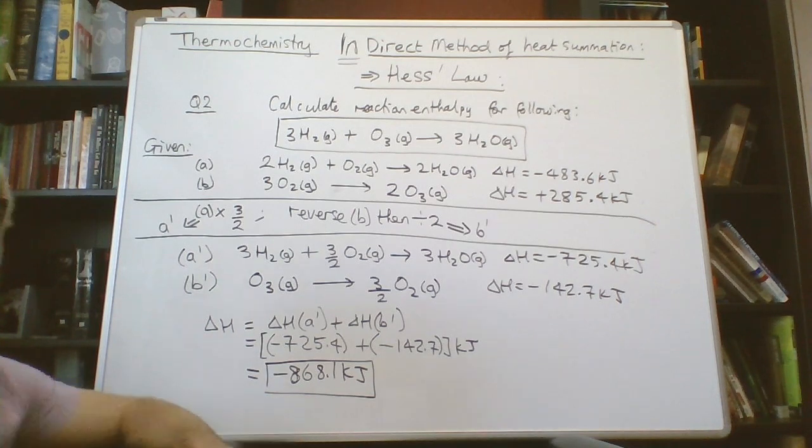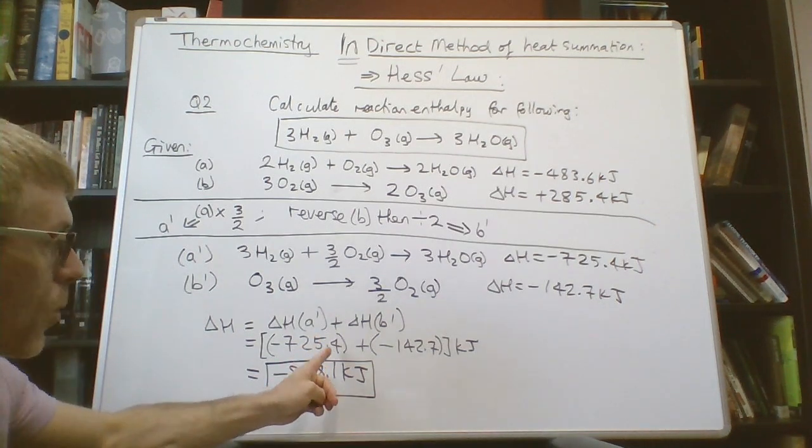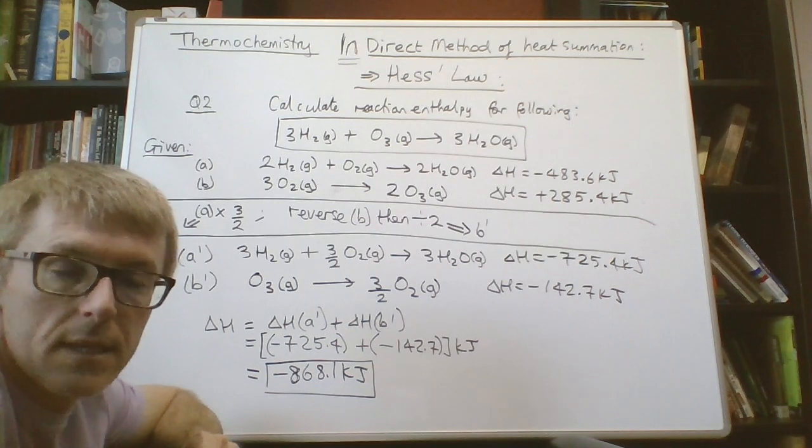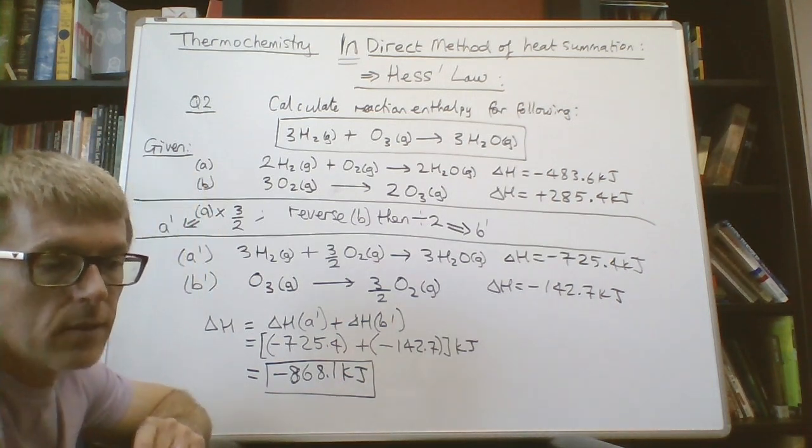Again, I'm adding, so I propagate least decimals. I've got 1 decimal in both objects I'm adding, so I round my total value to 1 decimal.